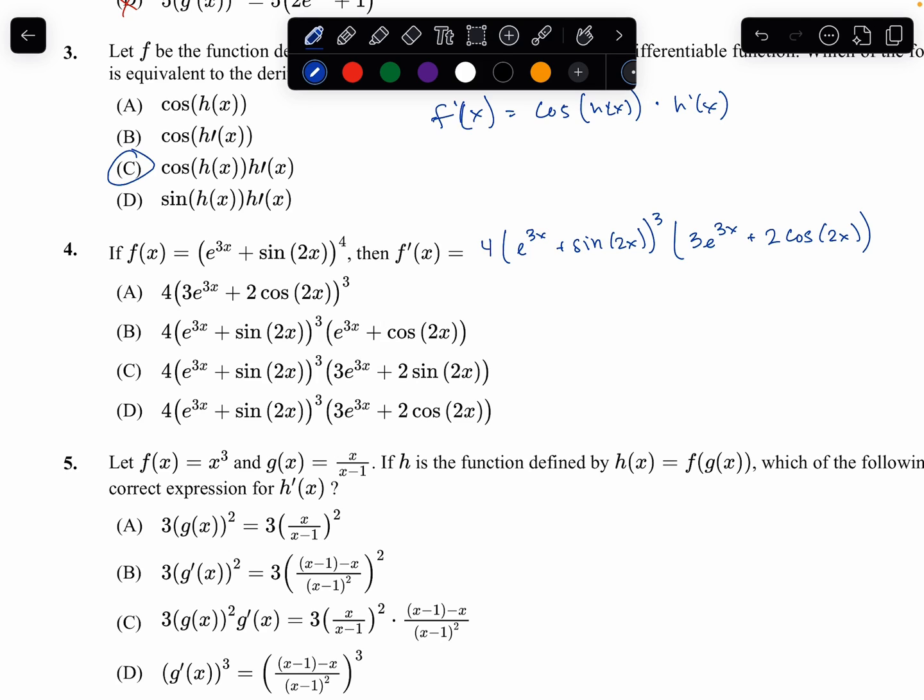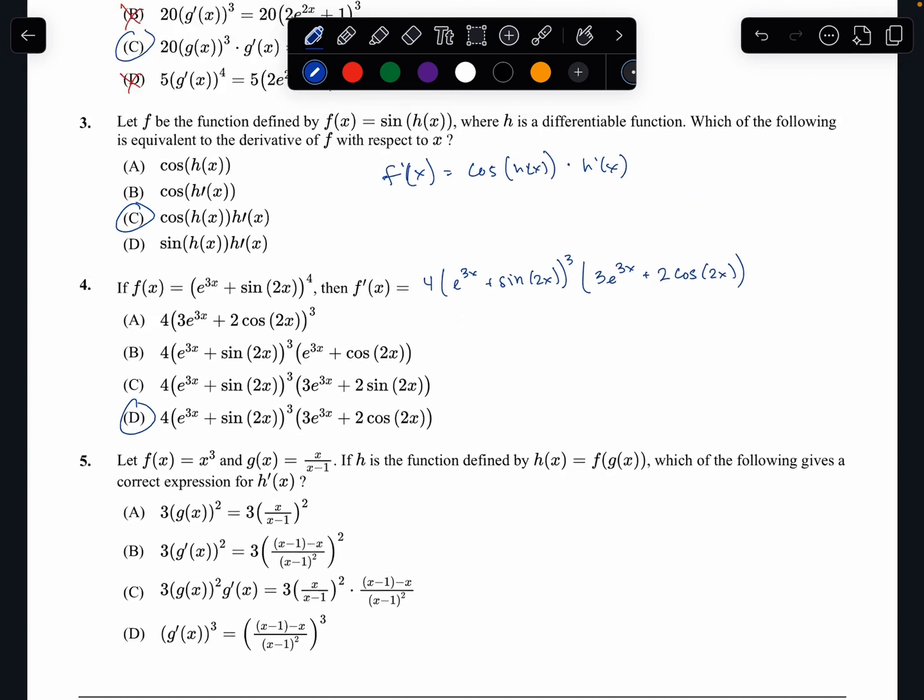A looks a little bit too short. We have the 4. We have e to the 3x. Sine of 2x to the third, all these have that. We have e to the 3x, but we need 3, so it's not going to be B. And then it's got to be cosine, not sine. So D is going to be the answer.